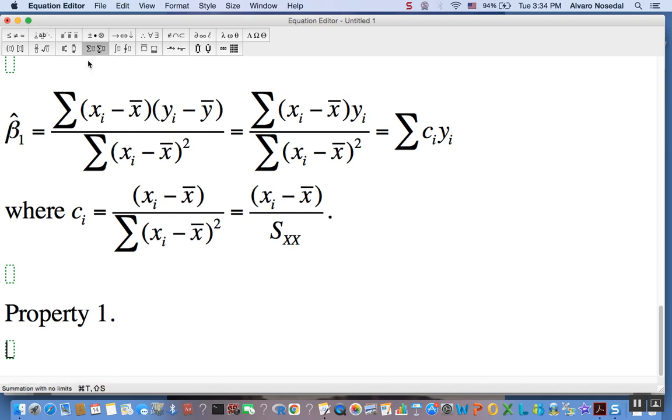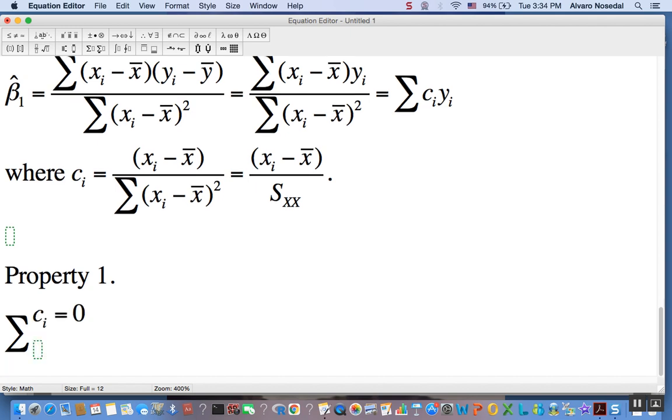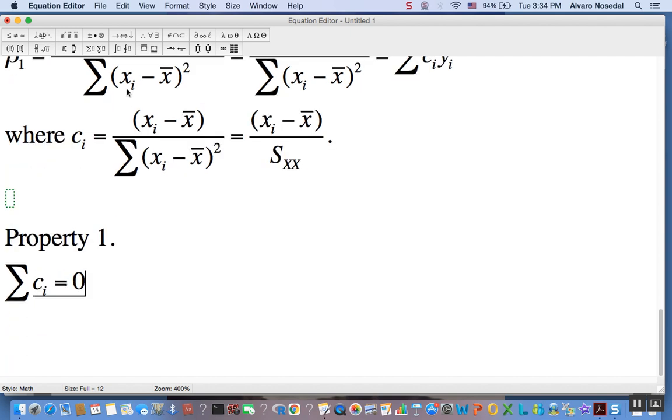Okay? Sum of ci's equals 0. Got it? Okay. Let me show that. Proof.